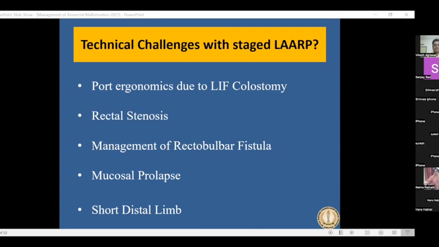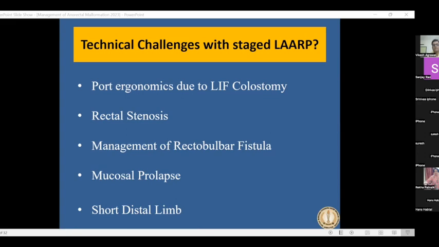So the first thing which we encountered is the port ergonomics, because there is usually a colostomy in the left iliac fossa, and it hampers the port ergonomics. If you put a port in the umbilicus for optical vision, then you have to put both working ports on the right side, or you have to ascend the optical port to the epigastrium. The second thing which we experienced in many of our cases in the initial phases is rectal stenosis, not anal stenosis.